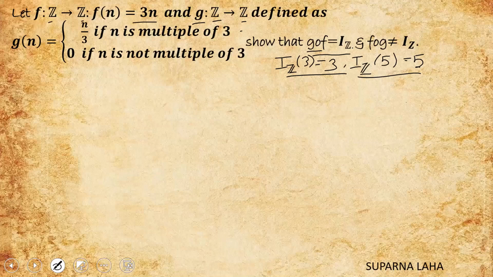Now you can check gof exists since the range of f is equal to the domain of g. Since gof exists, now check whether gof is identity or not. g of f of x.